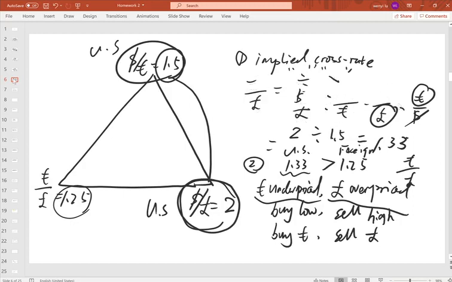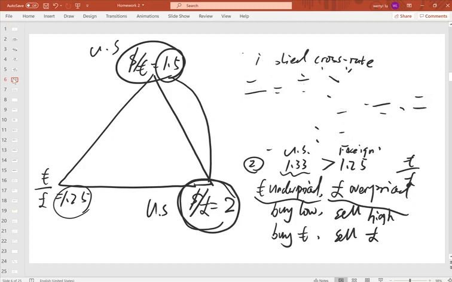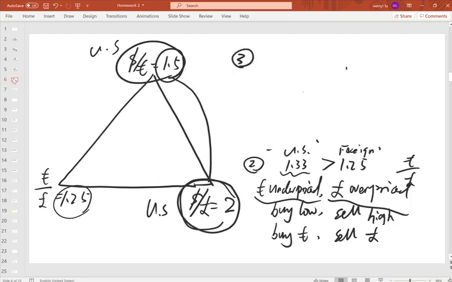Okay, now let's go to the third step. Our third step is to form a formal strategy to take a profit based on this triangle. We will first sell our dollars to buy something underpriced.